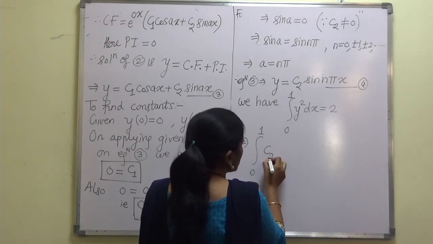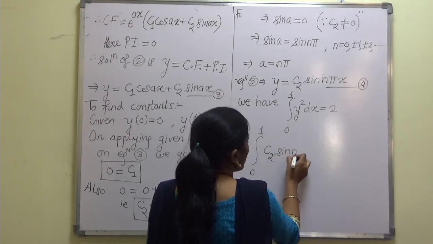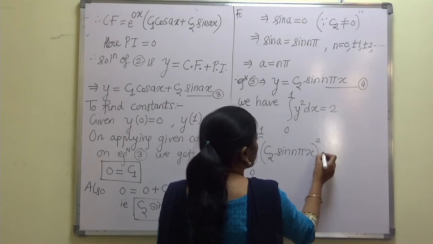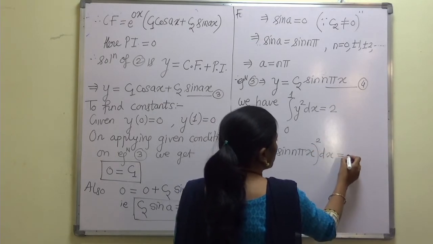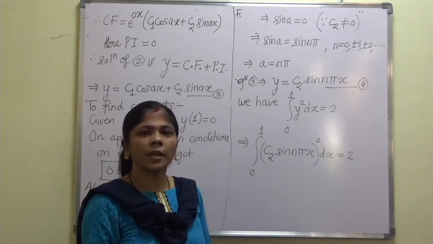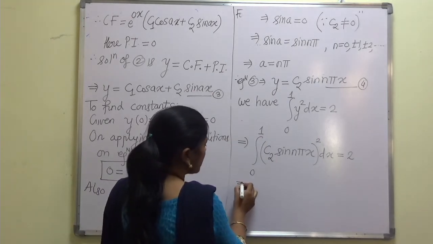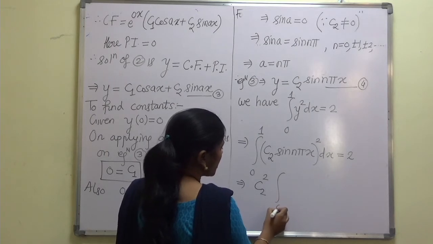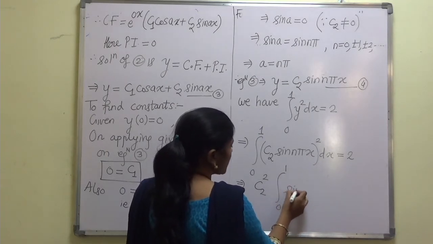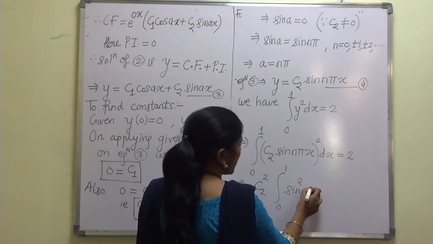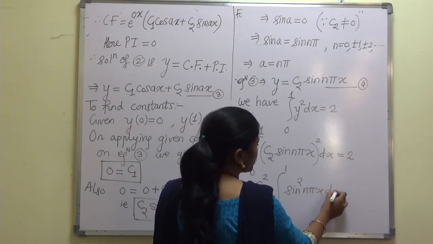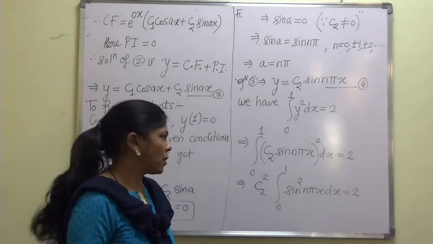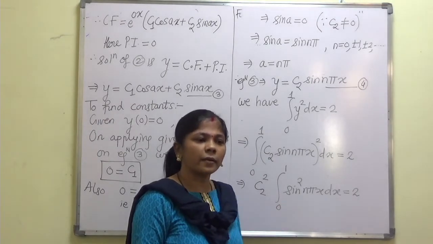It is c2 sine of n pi x, and square of this is equal to 2. Now simplify. c2 square outside, integral 0 to 1, now this will be sine square n pi x is equal to 2. Now just integrate this part and get the value of c2.